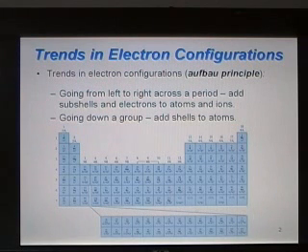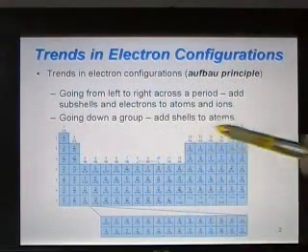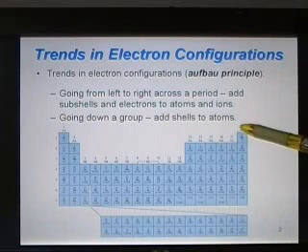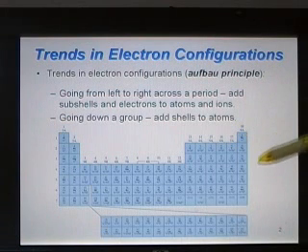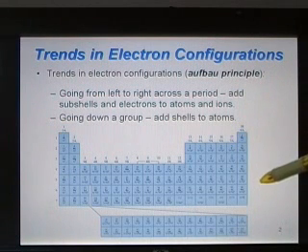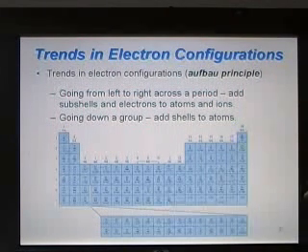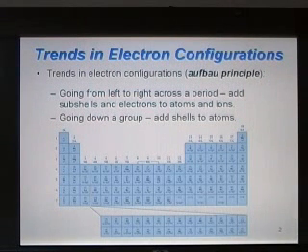There is a trend in electron configurations known as the Aufbau principle. As you go from left to right across the periodic table, you're adding electrons to atomic orbitals. As you go down the periodic table, you're adding more and more orbitals so that you can add electrons to those.